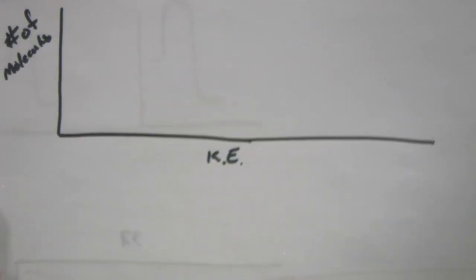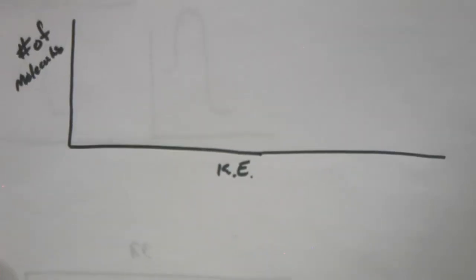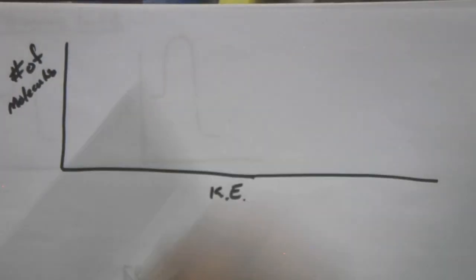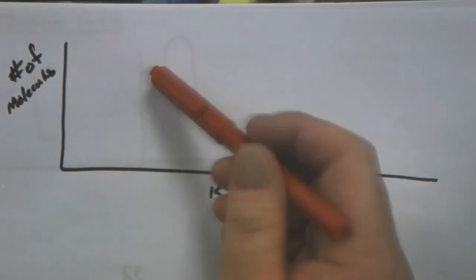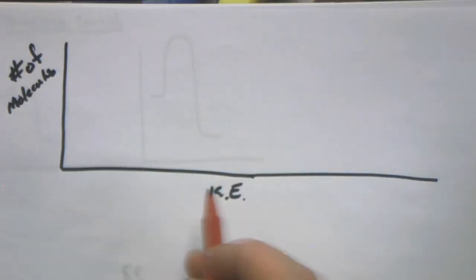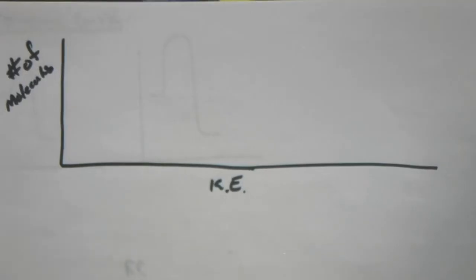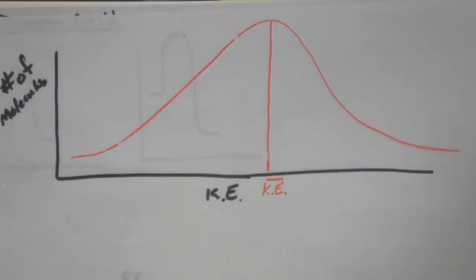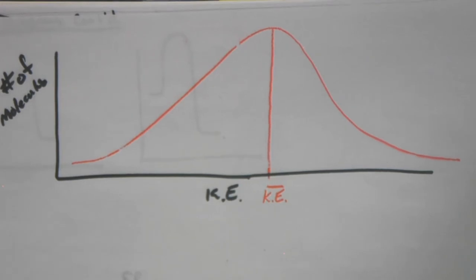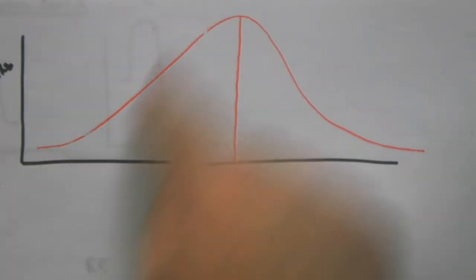Okay, and so we have this idea of what's going to happen is any point on this graph is going to give us the number of molecules that have a particular amount of kinetic energy. And generally when we do this, we will generate a curve that looks something like this, where we get this nice bell-shaped curve.